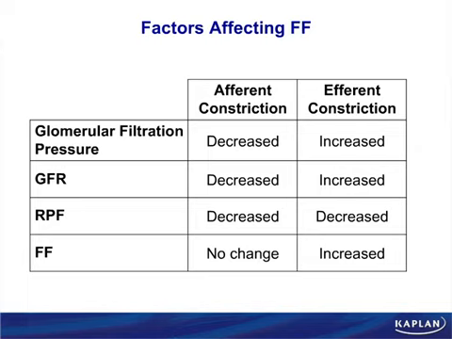What I want to do now is really spend a minute talking about what the filtration fraction means. Yes, it's a nice number to look at, but I really want to get into what this means to you for the exam and what this means to the kidneys. Filtration fraction really means the fraction of the renal plasma flow that's being filtered.